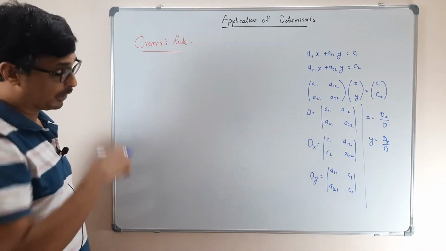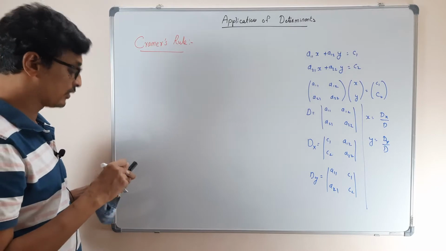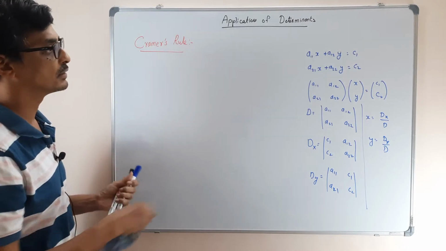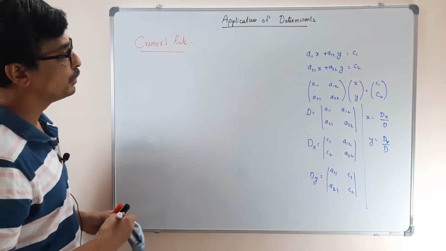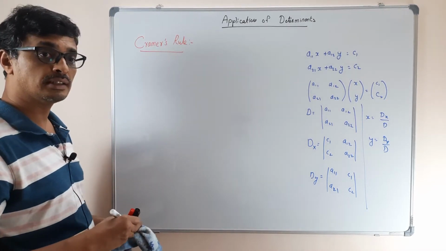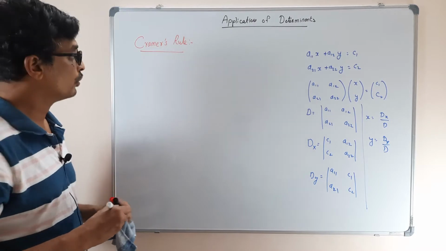We already saw this in an earlier class. This can be used for linear equations in three variables also. What are the three equations?